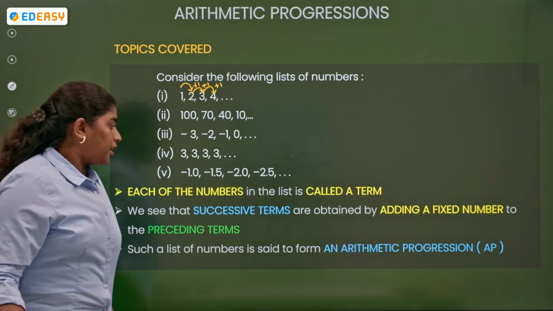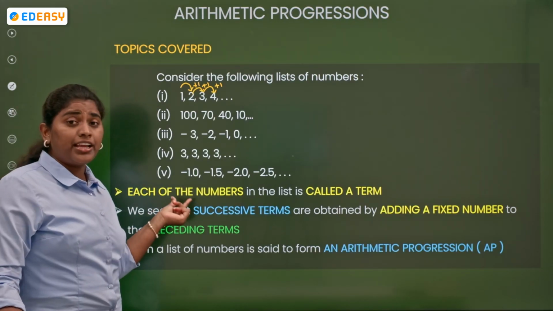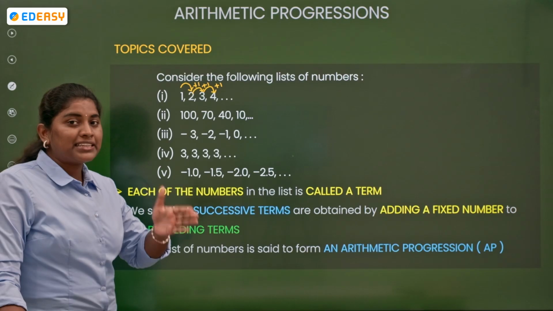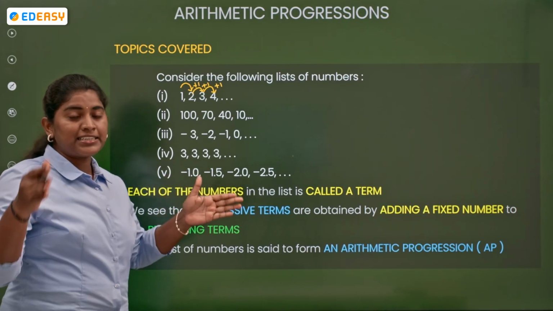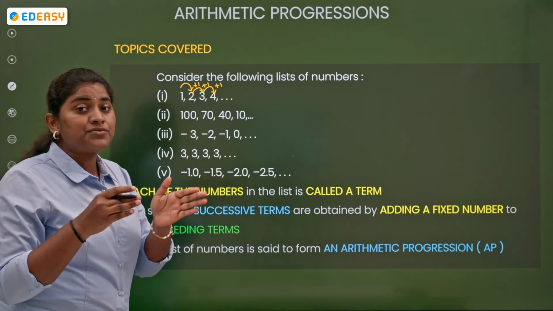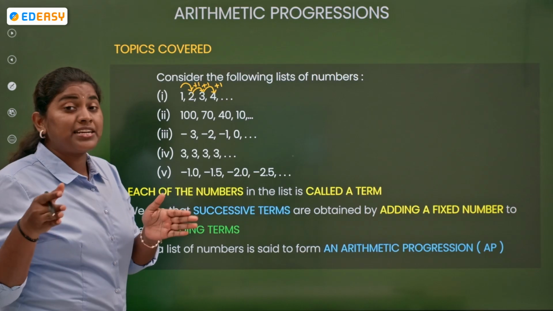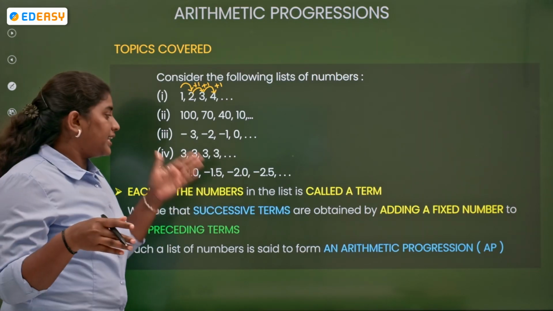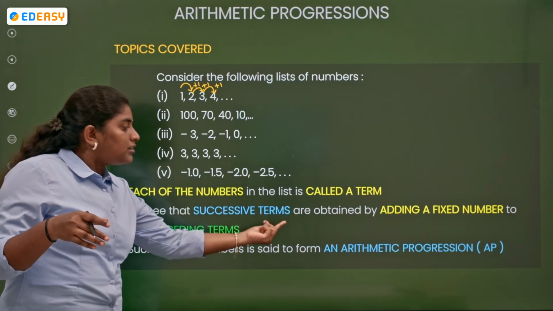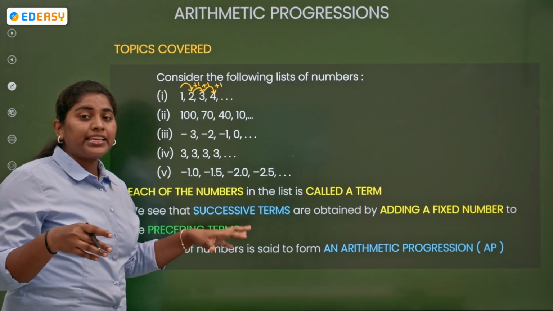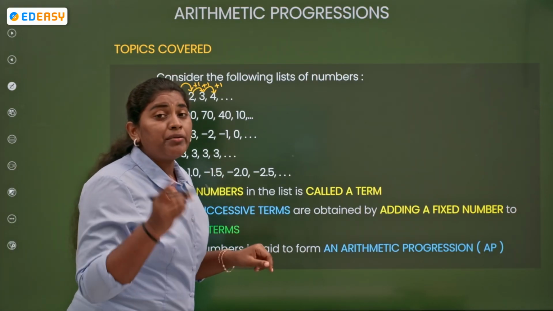Now, what is meant by the succeeding term and the preceding term? Succeeding means after and preceding means before, right? In the same way, successive terms are obtained by adding a fixed number to the preceding term.